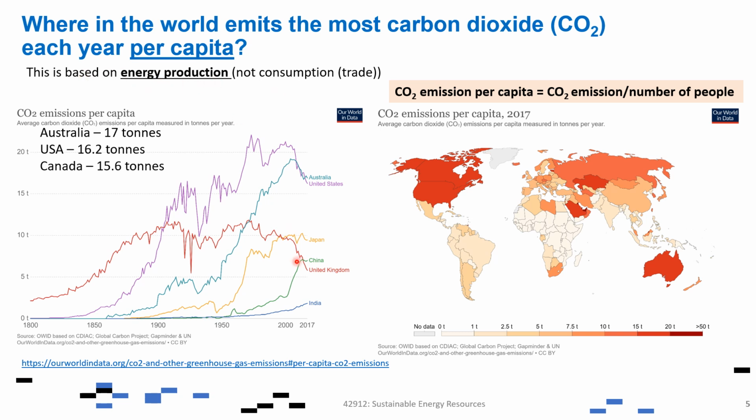If you look at this graph, you can see from 1800 to around 2017, there's a lot of changes in terms of CO2 emissions. And here, I really highlight this one. Australia is basically the highest in 2017 in terms of per capita CO2 emissions.